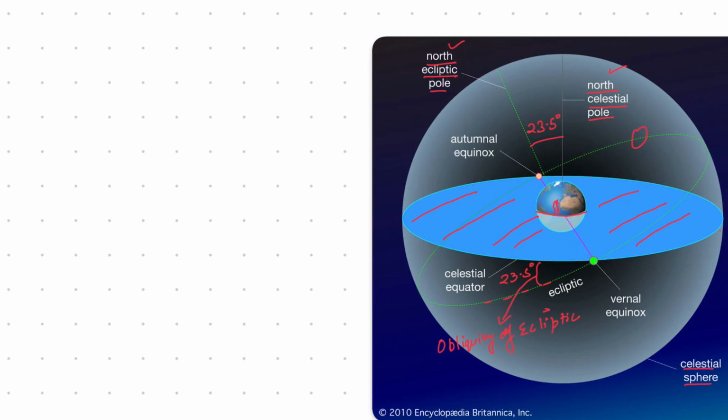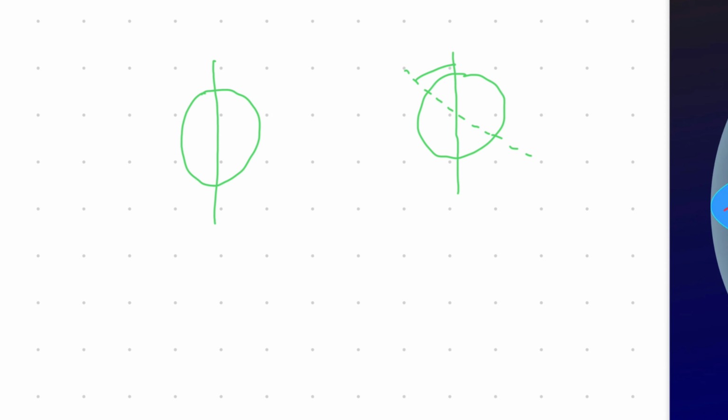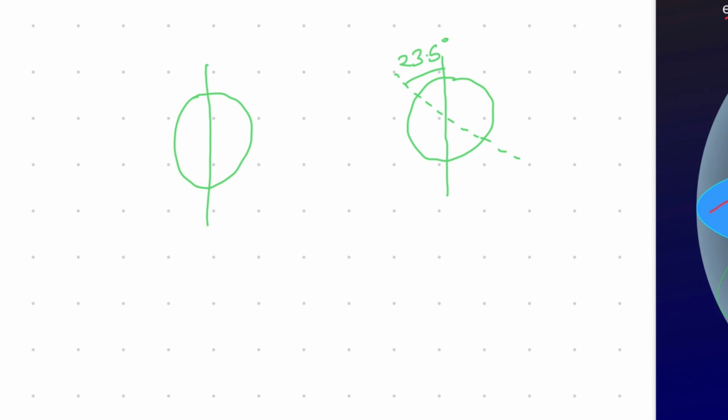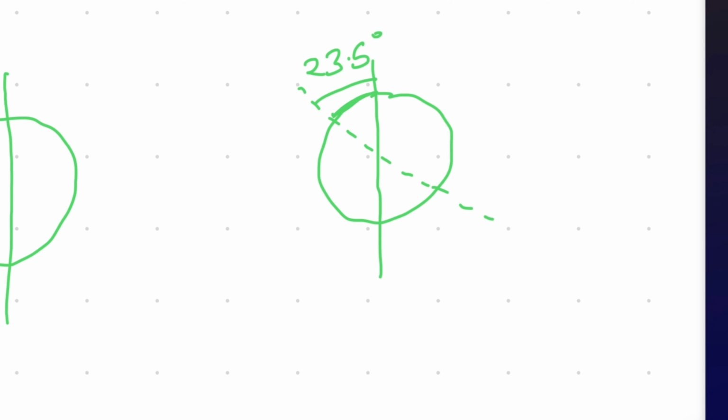Okay, you guys just remember Earth is tilted from its original axis. Okay, suppose this is our original axis, but Earth is tilted like this from its original axis, and this angle is 23.5 degrees. And because of this tilt, seasons are formed.